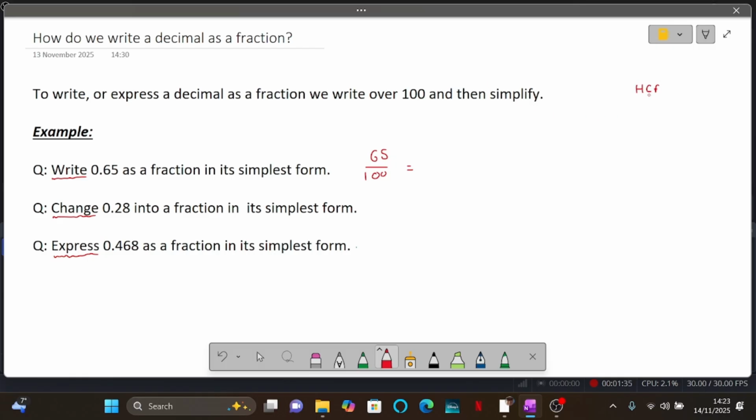So let's just remind ourselves of how to do this. Now, we did this in the very first video in this series. So if you're not quite sure how to do this, you may want to go back and just double check, just to refresh your memory. But here we go. I'm going to start off with the 65. I'll divide by 1 to begin with. 65 divided by 1 will give me 65.